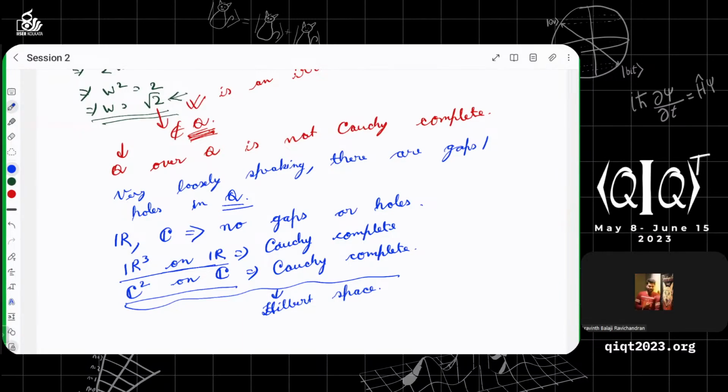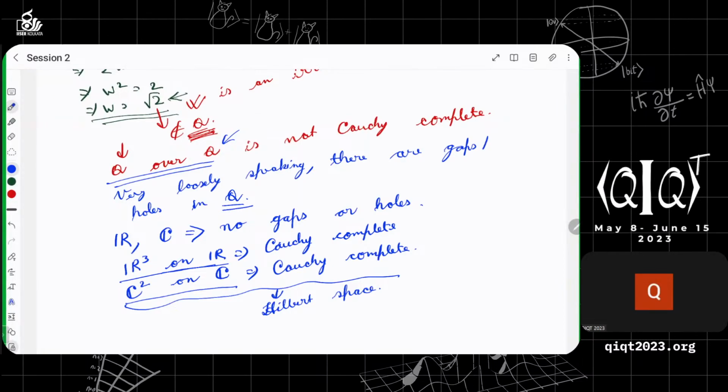All right. So we have vector spaces and then we associate inner products to them, then that becomes an inner product space, and then we add one more constraint to it, Cauchy completeness, and that becomes a Hilbert space, is it? Exactly. For example, Q over Q is a vector space and you can define an inner product on it, very similar to the way you define inner product in a real space.